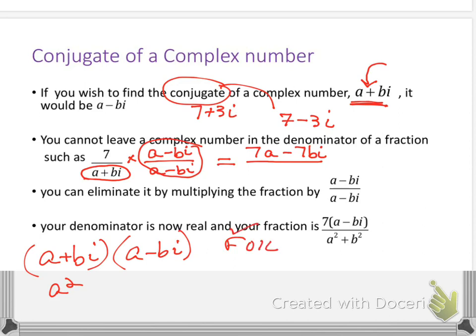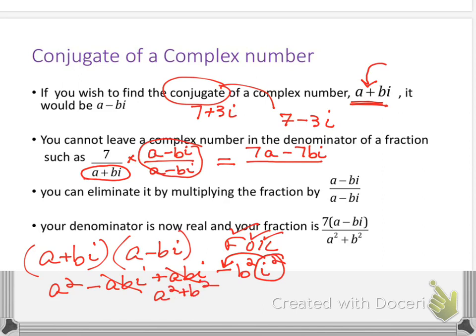First, a squared, outer, negative abi, inner, positive abi. You see how those middle terms are going to cancel? Last is going to be negative b squared i squared. Okay, these cancel. This is a negative 1, which flips that sign. And so this denominator now becomes a real denominator, and it's a squared plus b squared, and that's what I have.